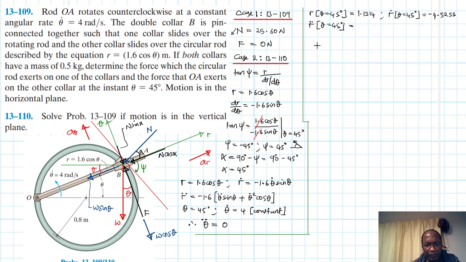And r double dot at theta equal to 45. What do we have? This part is 0. So we have minus 4 squared cos 45 times 1.6, which is equal to minus 18.1019. Alright, so let's find the acceleration in the r direction, which is equal to r double dot minus r theta dot squared.